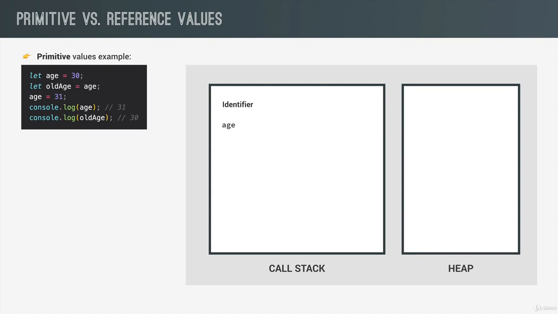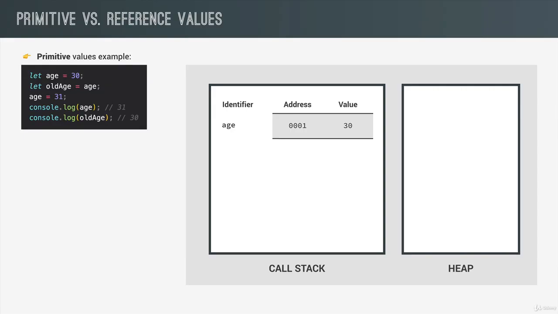Then a piece of memory will be allocated with a certain address, so 0001 in this example, and finally the value will be stored in memory at the specified address. So in this case, the value 30 will be stored at memory address 0001.